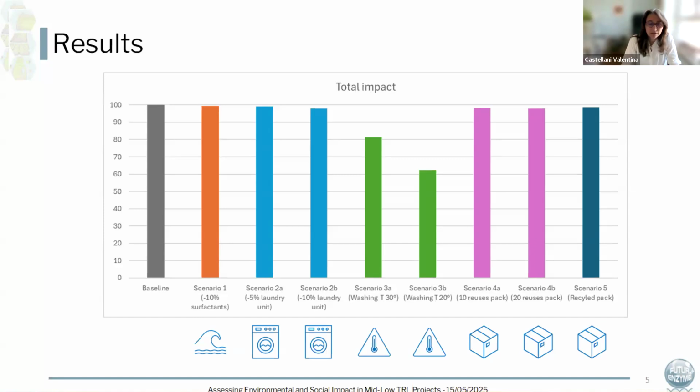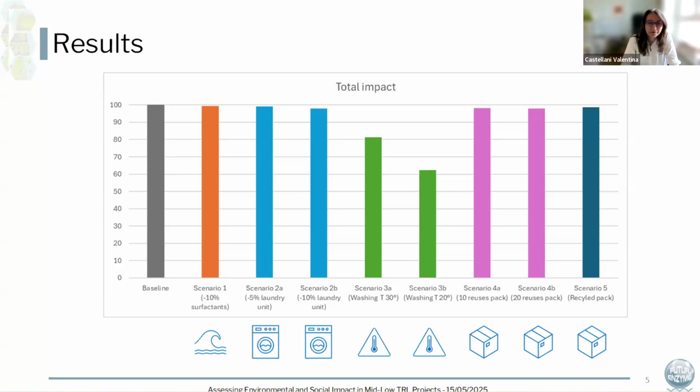So scenario number 1 is based on the hypothesis of being able to reduce the amount of surfactants, so some of the ingredients that allow a good result in terms of stain removal.